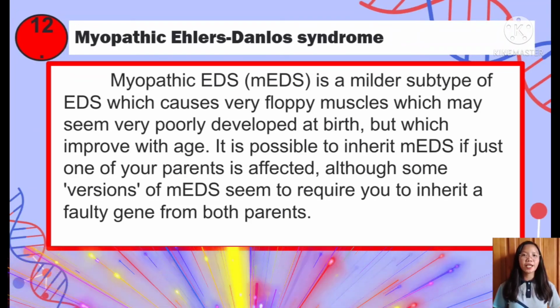Twelfth is the myopathic Ehlers-Danlos Syndrome. It is a milder subtype of EDS, which causes very floppy muscles, which may seem very poorly developed at birth, but which improve with age. It is possible to inherit myopathic EDS if just one of your parents is affected, although some versions of myopathic EDS seem to require you to inherit a faulty gene from both parents.